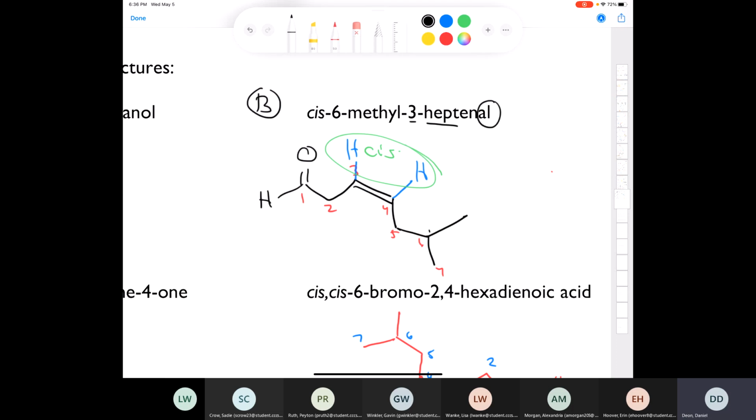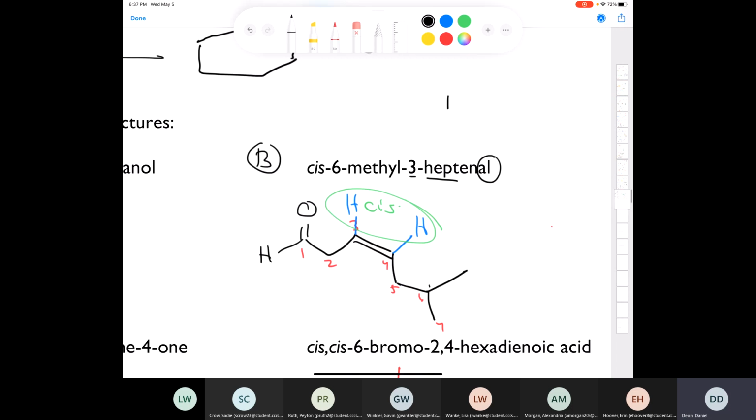There's no other option. An aldehyde always has to end the molecule. So that tells you that this 3 represents the alkene. Because the heptenal has 7 carbons, but the aldehyde is going to be on the first carbon. And then the rest is just the other part, the parent chain, just filling it out.